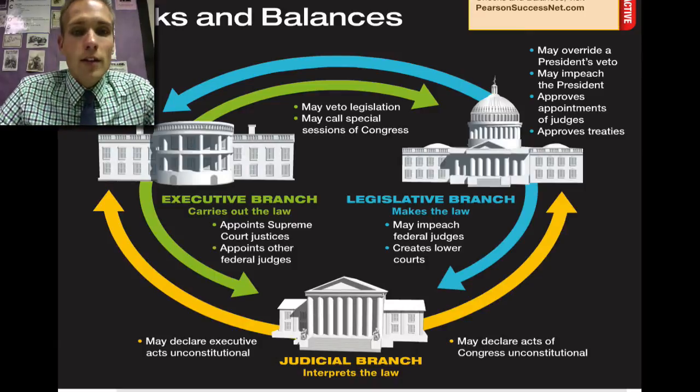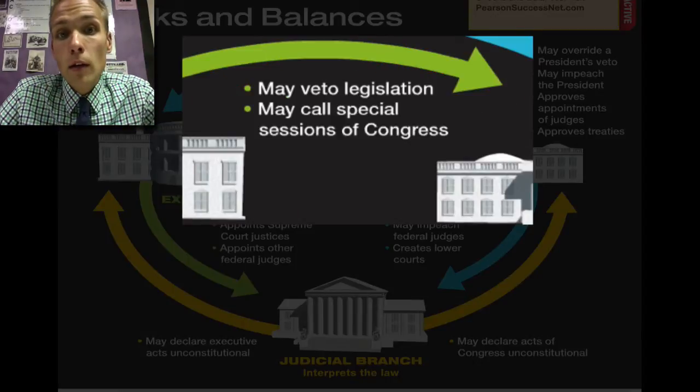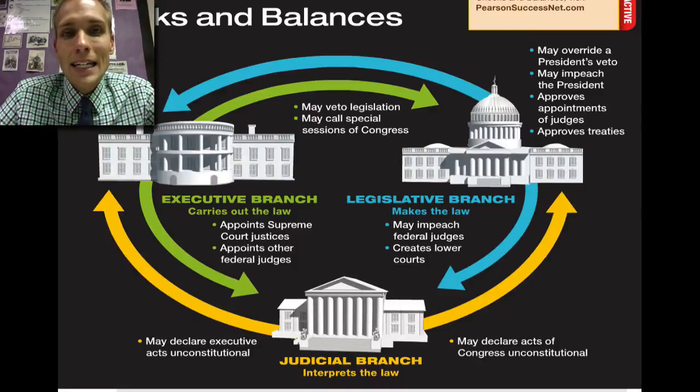Okay, so let's look at the executive branch. What can the executive branch do to limit the powers of the other two branches? In green here, the executive branch can put checks on the legislative branch by vetoing legislation. To veto, in this case, means they can stop a law from going into effect. If Congress passes a bill, the president can deny it from becoming a law.